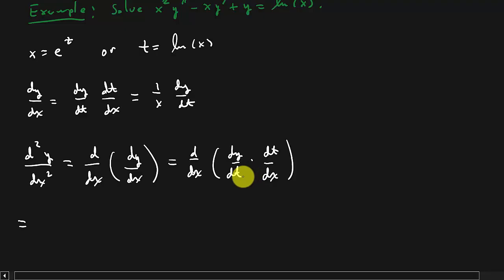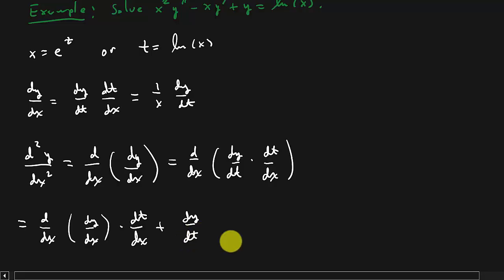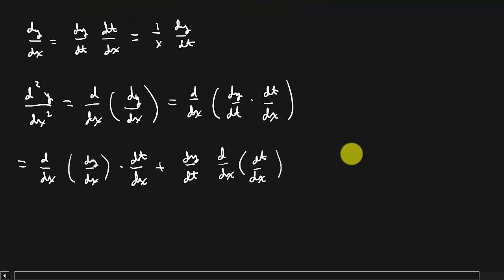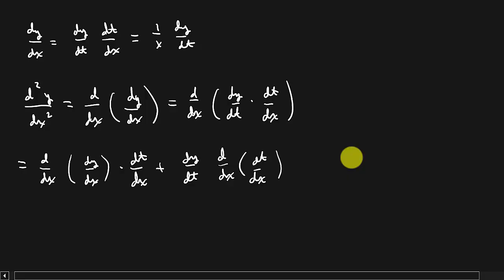So what do we get there? We get d/dx of dy/dt times dt/dx plus dy/dt times d/dx of dt/dx.